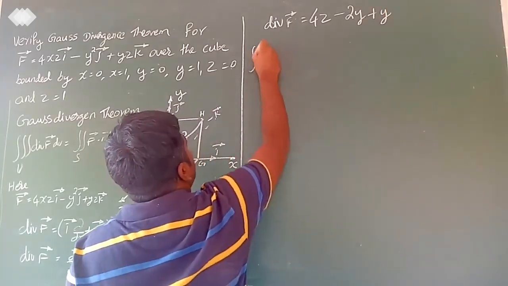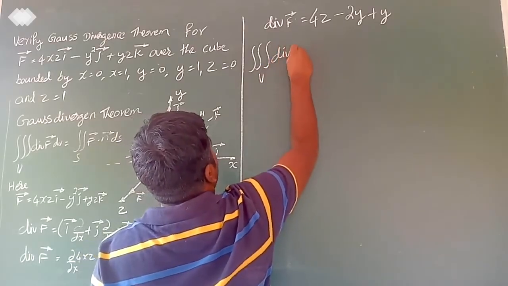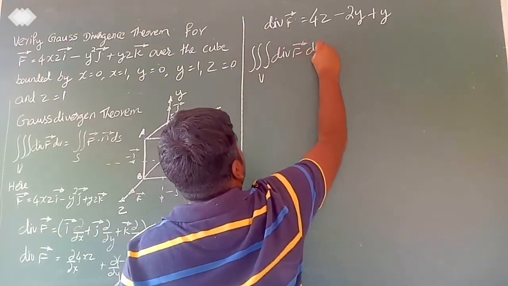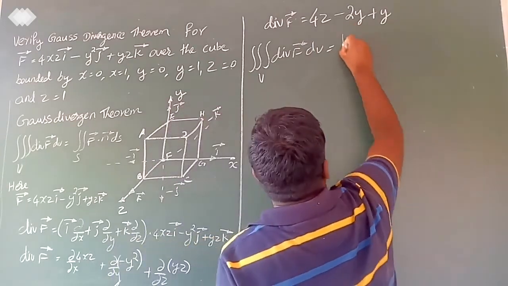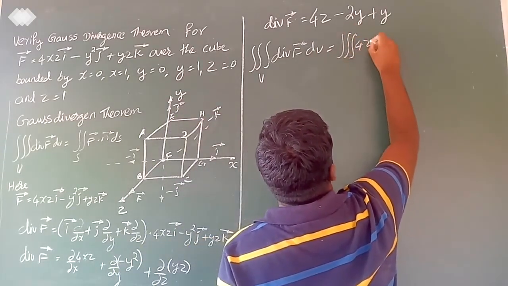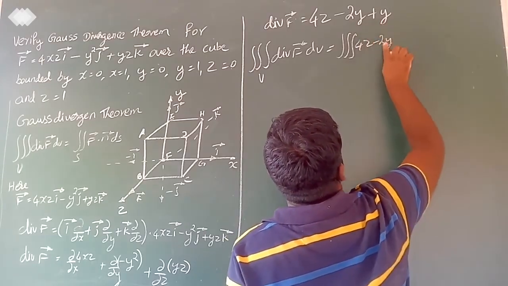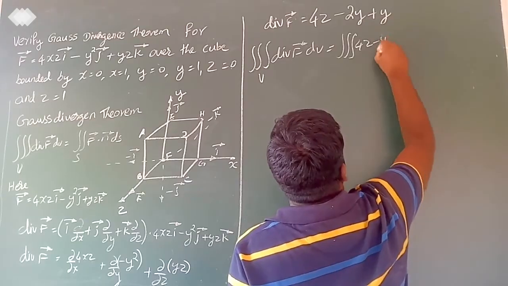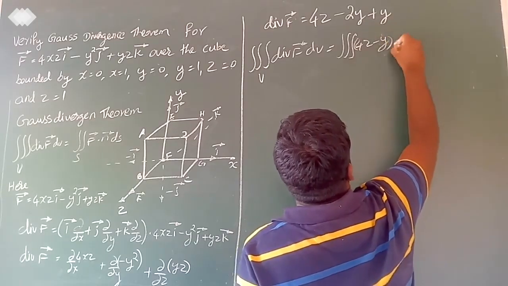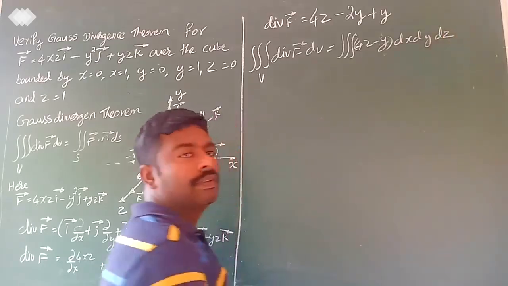And the triple integral of divergence of f vector dv, where divergence of f vector equals 4z minus 2y plus y equal to 4z minus y, and dv is nothing but dx dy dz.